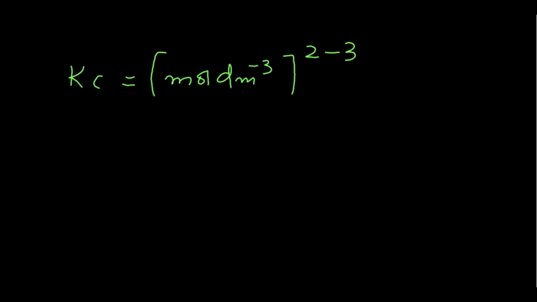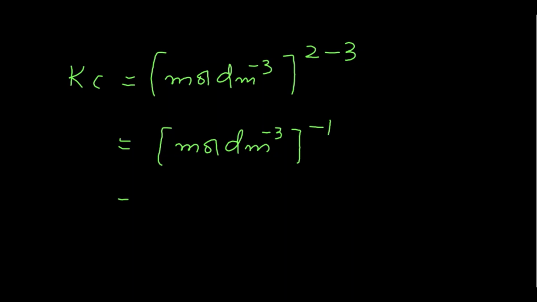In the next step, Kc is equal to mole per cubic decimeter, right students? And here we have 2 minus 3. So it becomes equivalent to mole per cubic decimeter raised to the power minus 1.